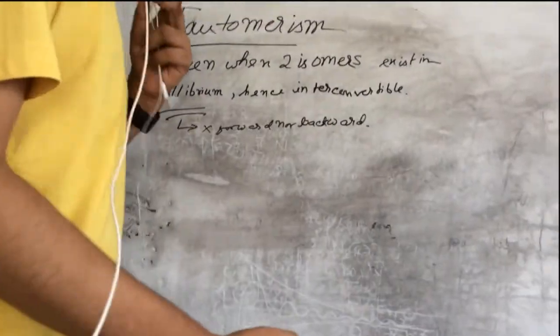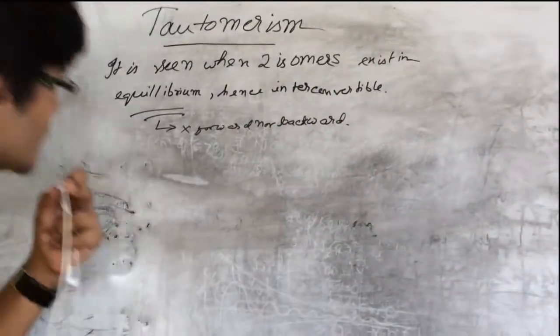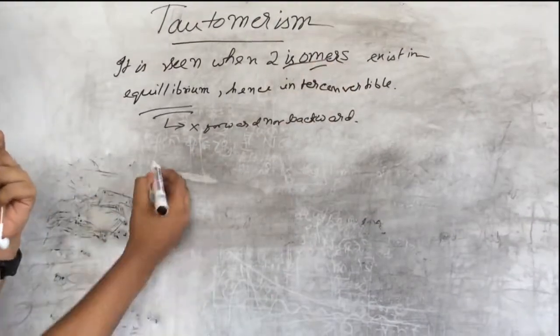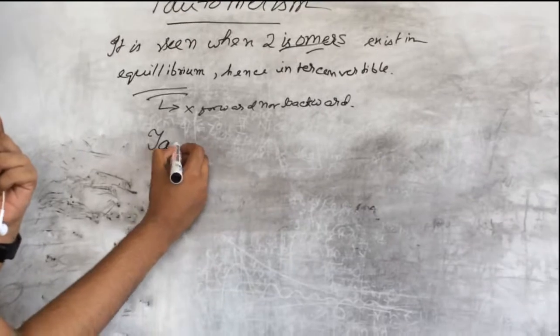So as I told earlier, for tautomerism you need two isomers. So you can see tautomerism in the following cases.